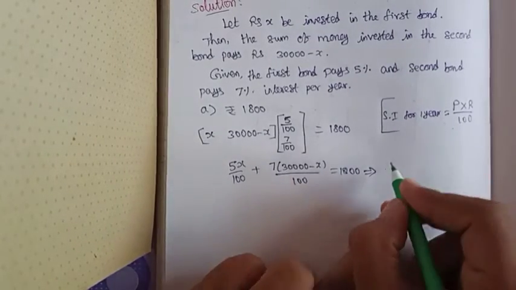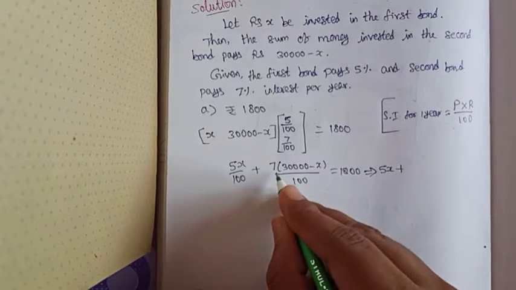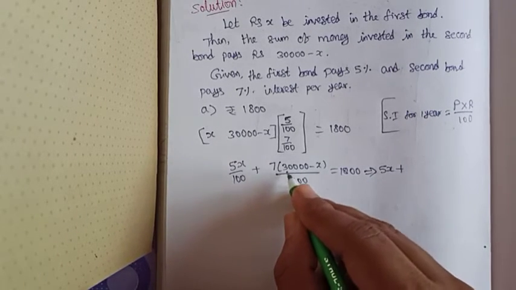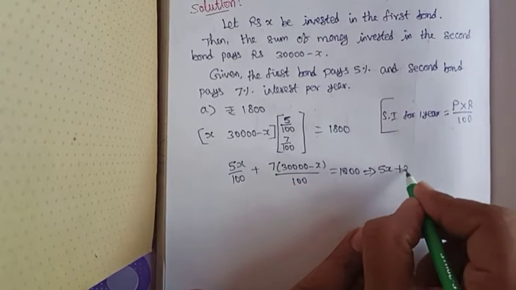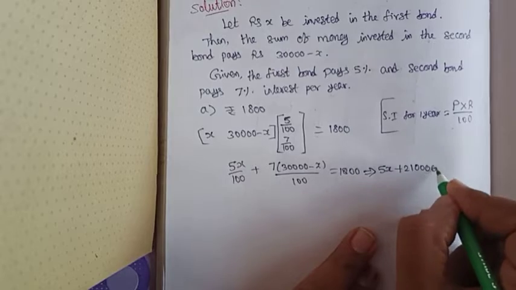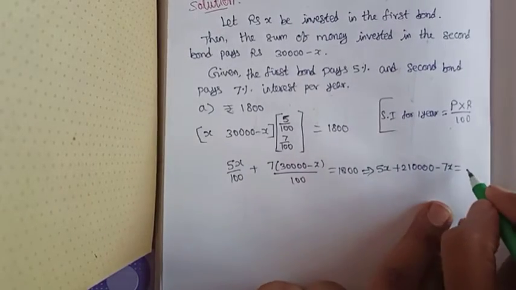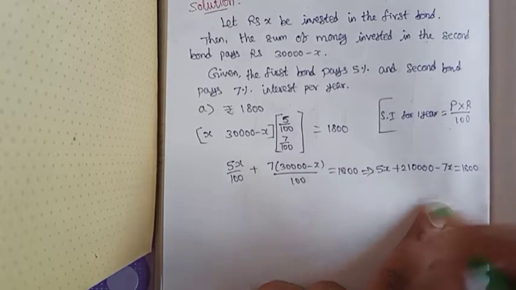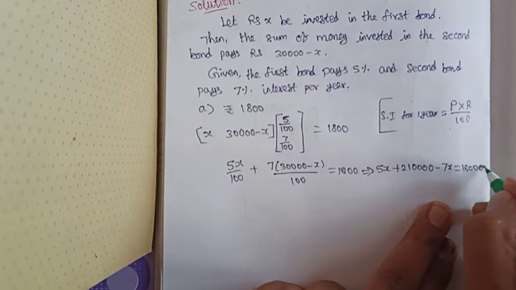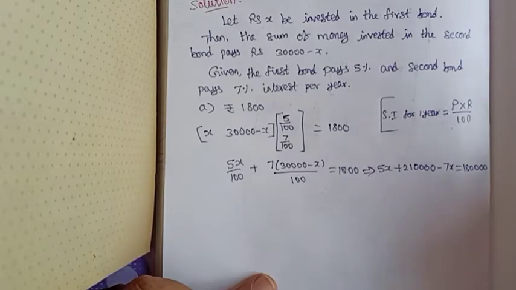We get 5x plus, multiplying the 7 inside, 7 threes are 21 and put the 4 zeros, minus 7x, which is equal to 1800 into 100, that is 1,80,000.